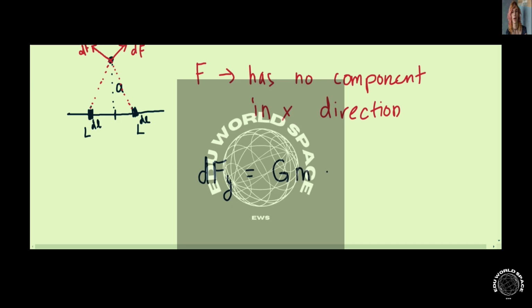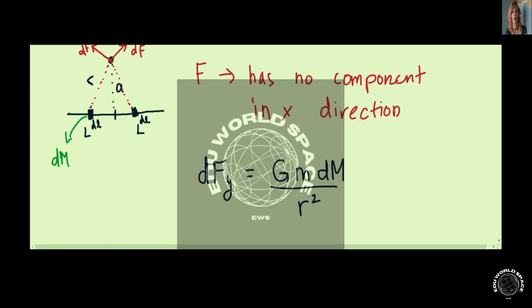So G m dm, because we're considering a little piece of the line, and that's going to have a little piece of the total mass, dm. And then divided by the distance between little m and dl, which we're going to call r squared.